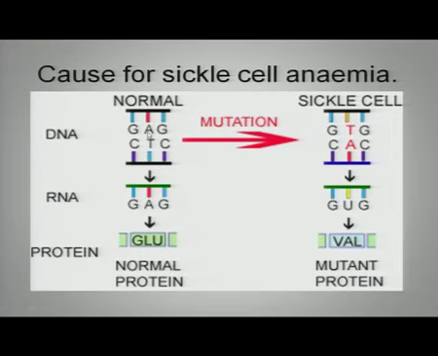Here the adenine nucleotide, A, is replaced by thymine nucleotide, T. Mutation happens only in a single particular nucleotide, only at a particular point. That means the adenine nucleotide is mutated to thymine nucleotide.